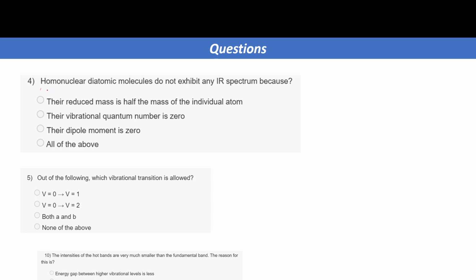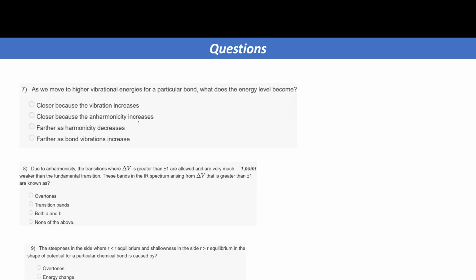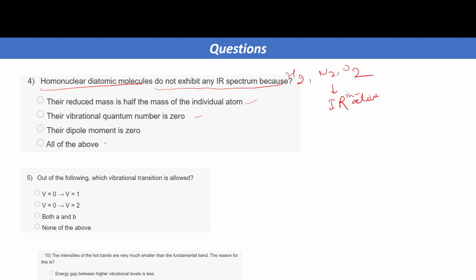Next, homonuclear diatomic molecules do not exhibit an IR spectrum. Homonuclear means like H2, N2, O2. Why are they IR inactive? Because the reduced mass is half the mass of an individual atom, their vibrational quantum number is 0, their dipole moment is 0, or all the above.